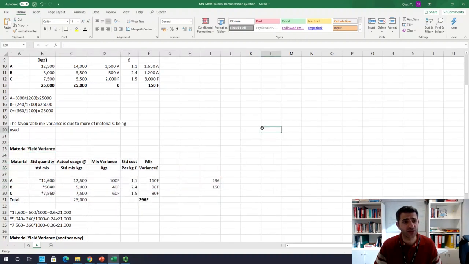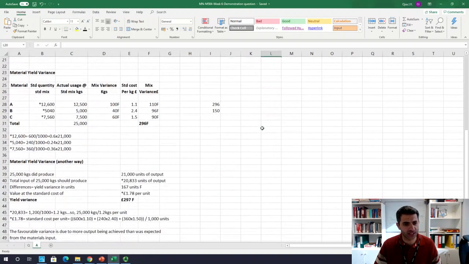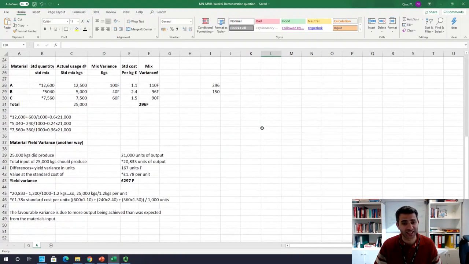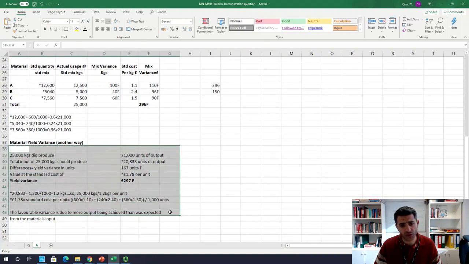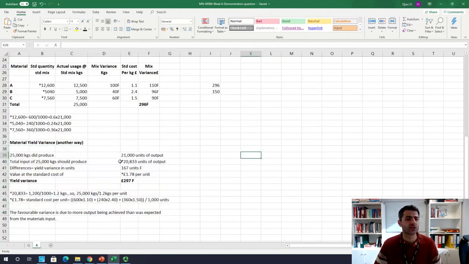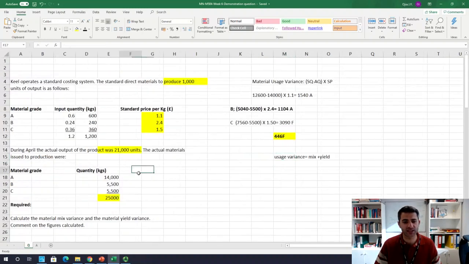Of course, there is another method to calculate material yield, another way you calculate it. 25,000 kilogram was produced. If you look at the question, you can see that 25,000 kilogram was produced. That's for the 3 ingredients.